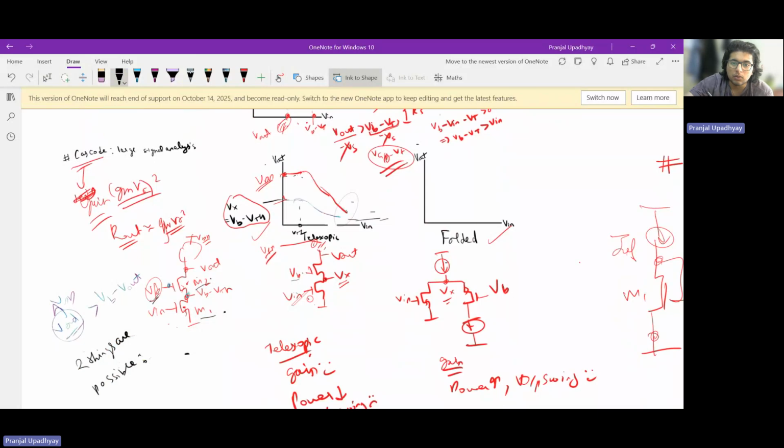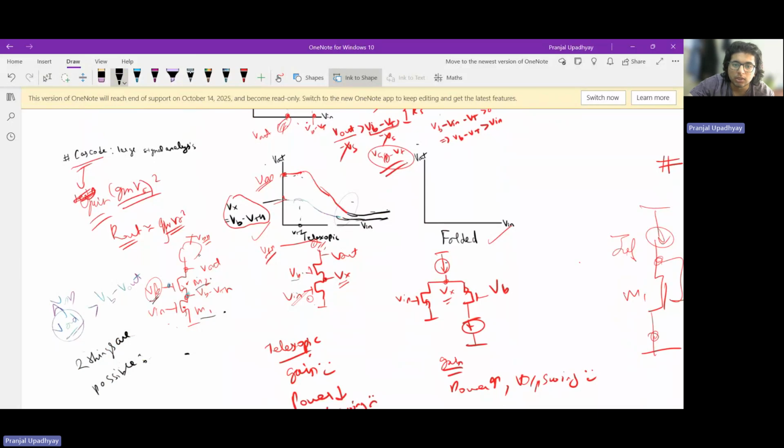And now, since M2 is already out of saturation, you can just say that it is now in triode, and so Vx also decreases like this. If M2 goes into triode first, Vout will definitely go something like this, right?